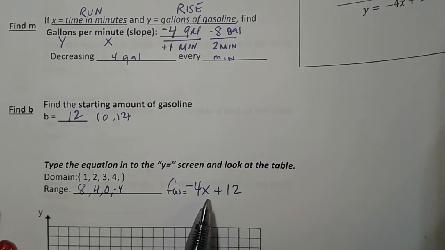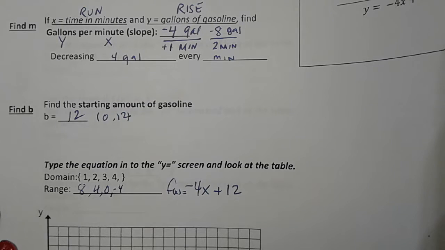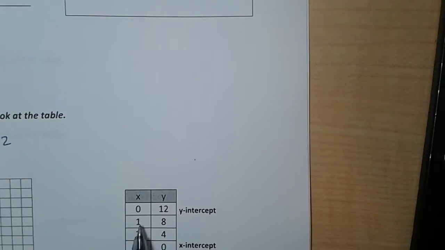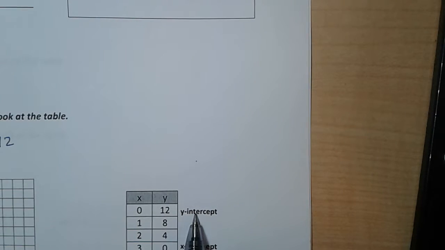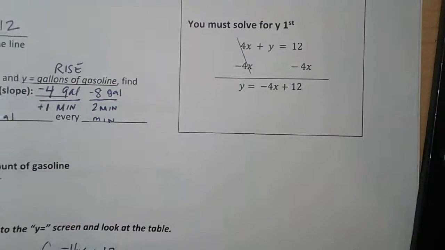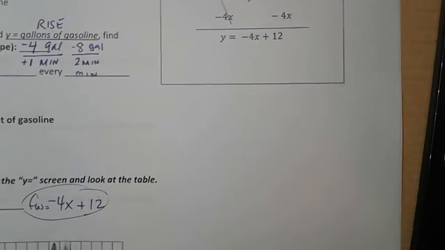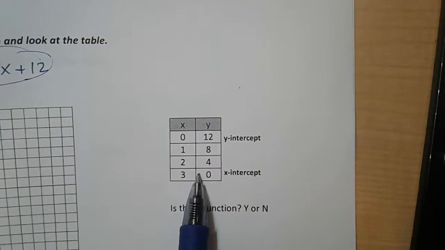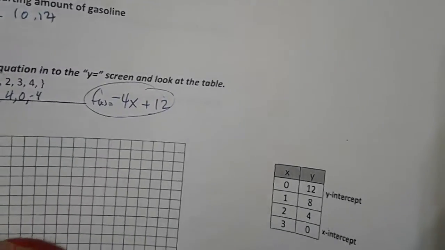So let's check the table over here because Ms. Pierce messed it up the last time. Is it correct? Well, it says 0, 12 is the y-intercept. Let's see. The equation should match the what? Table, which should match the what?